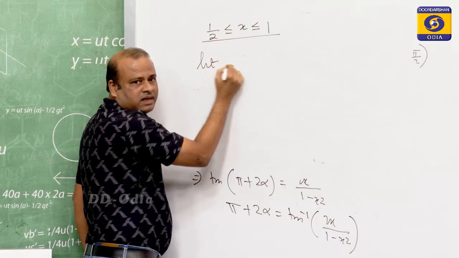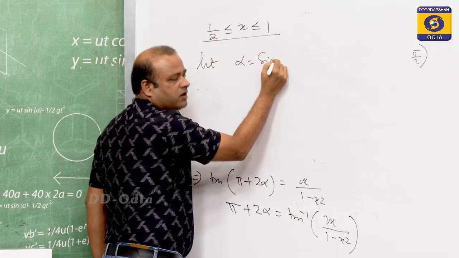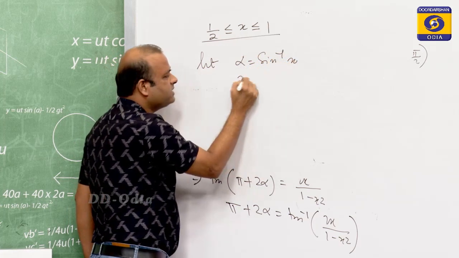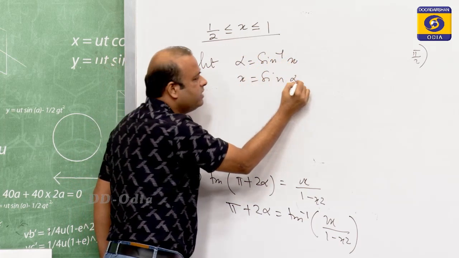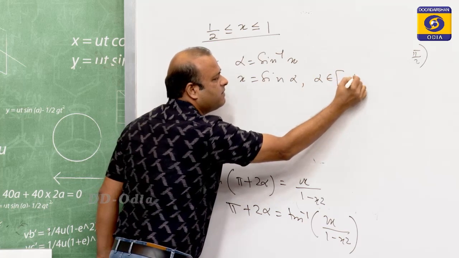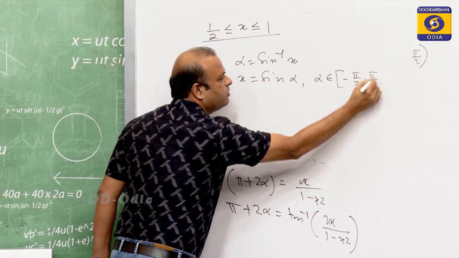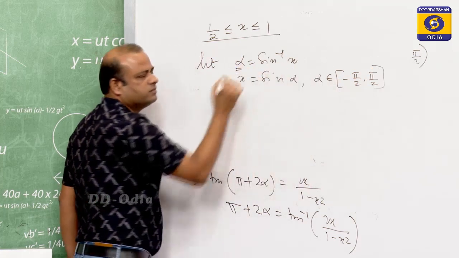Let alpha be equal to sin inverse x, or x is equal to sin alpha. You know alpha belongs to minus pi by 2 to pi by 2, that is the range value.